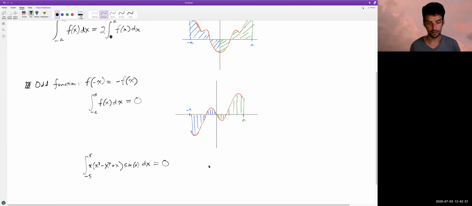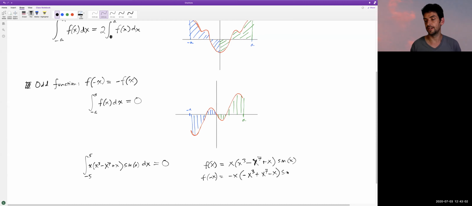If I have, so f of x here is x times x cubed minus x to the 7th plus x times the sine of x. If I put in f of negative x, I get negative x. Negative x cubed is just negative x cubed, and I'll get plus x to the 7th minus x sine of negative x. All right, I've got a negative out here. Let's write it as a -1. I'm going to factor a negative out of the parentheses, so I'll factor out another -1.